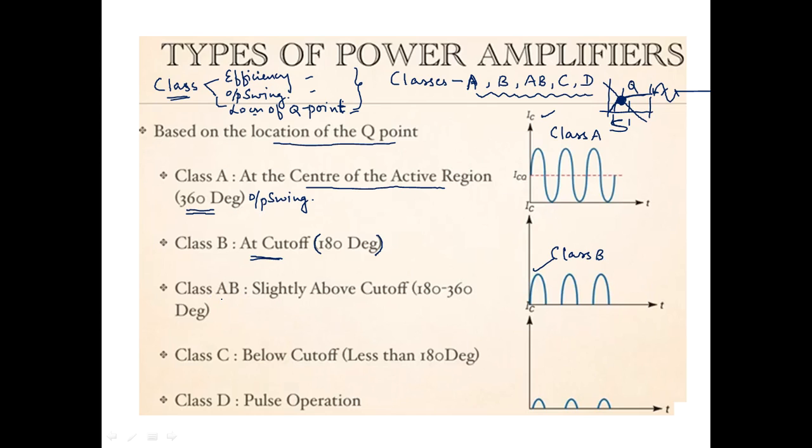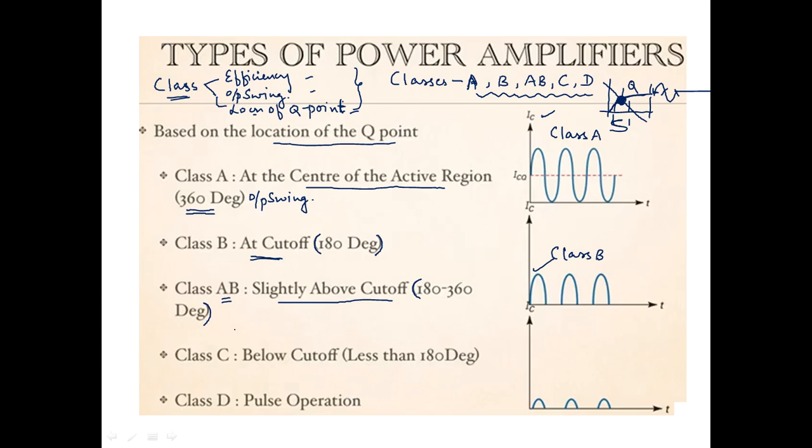Then class AB. Well, class AB is a mixture of class A and class B. Because of that, its Q point location is slightly above the cutoff but not within the active region. What about its output swing? It is in between 180 degrees and 360 degrees.